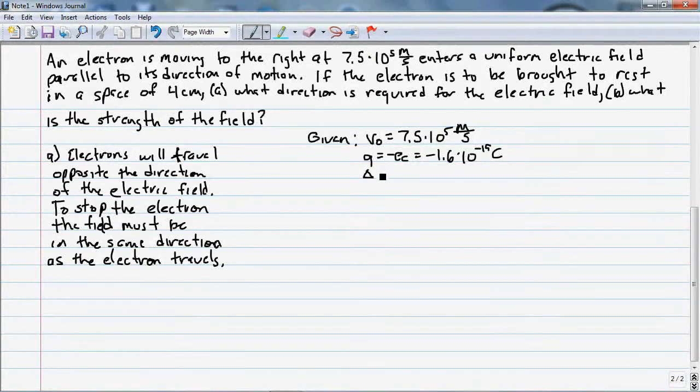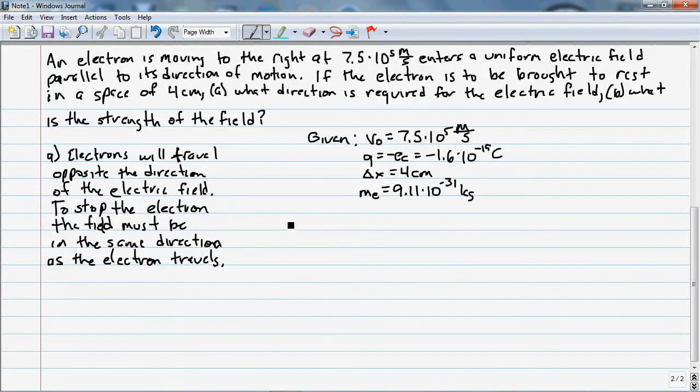Our distance that we want the electron to travel to stop is 4 centimeters. And looking in the book, we can find the mass of the electron is equal to 9.11 times 10 to the minus 31 kilograms.